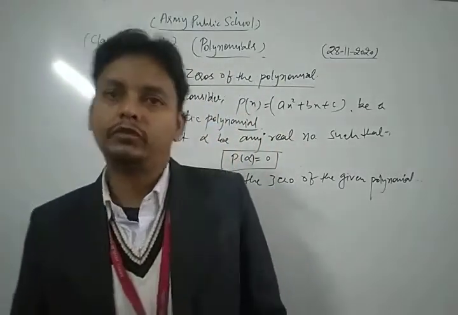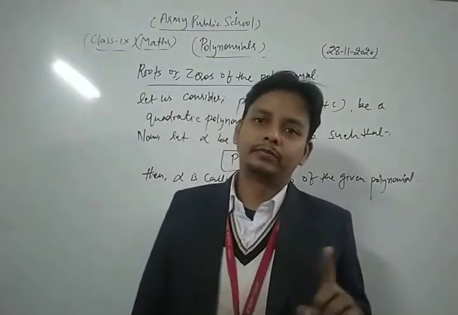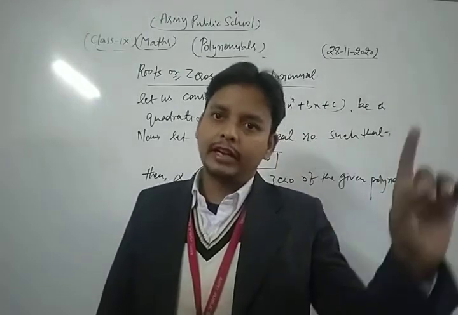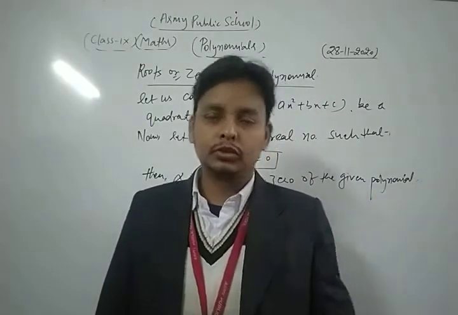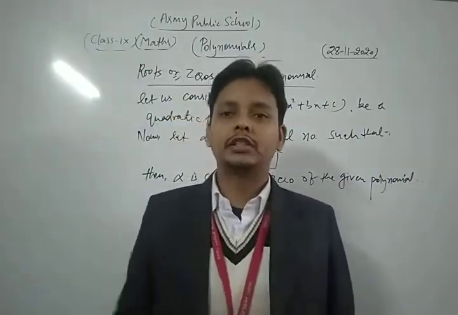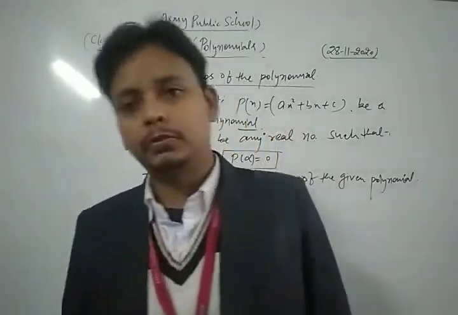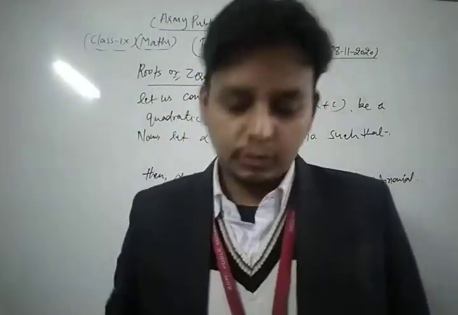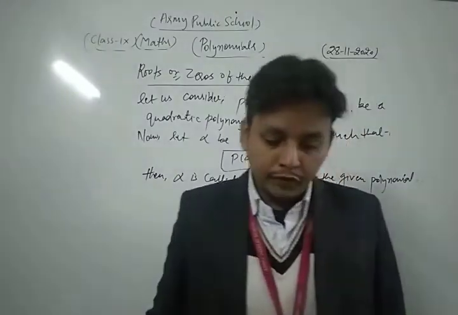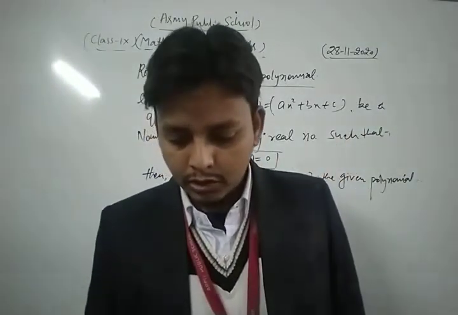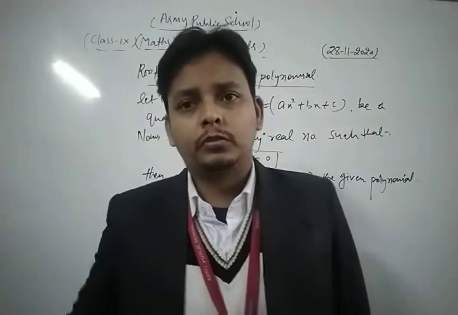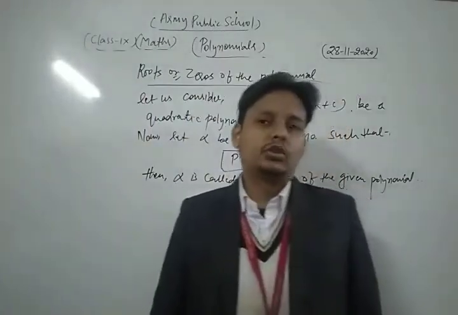This is the concept of the zero of the polynomial: the value at which the whole polynomial becomes equal to 0. In this way we have cleared the concept of the zeros of the polynomial.